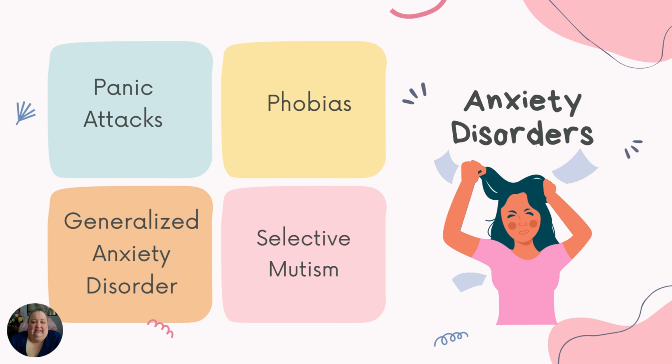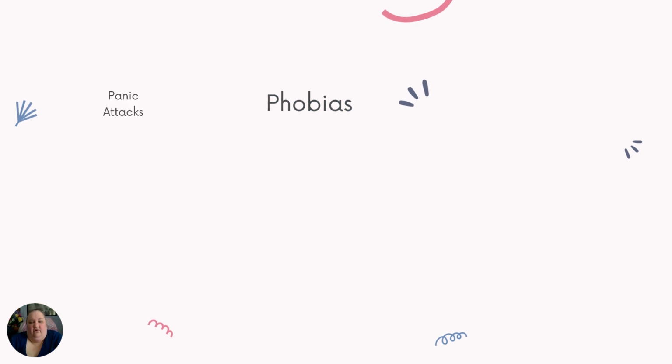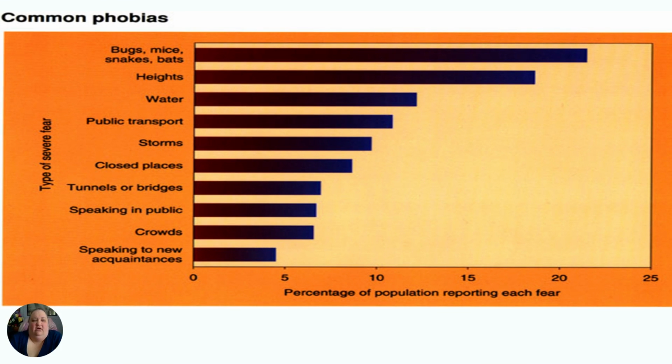Generalized anxiety disorder is a chronic anxiety disorder that's not really caused by specific things. And then we have selective mutism. That's where a child can't speak or communicate in specific social settings. So it's a little bit different. We have a variety of disorders there.